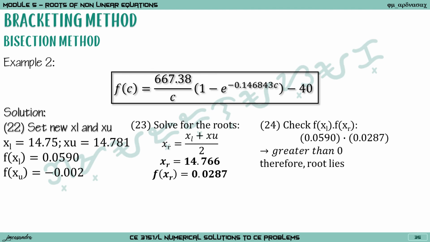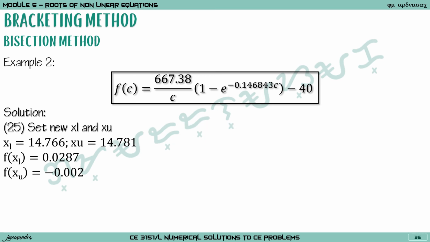So meaning the root is in between xr and xu, 14.766 and 14.781. Again, repeat the process using the new set of xl and xu, 14.766 and 14.781. Solve for the root.